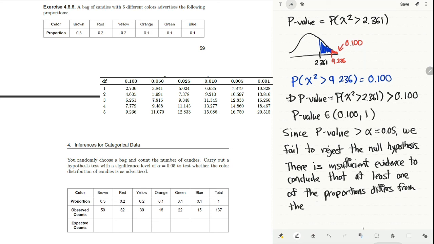And so this tells us that the model that we have for the distribution of candies, our data will fit the model quite well.